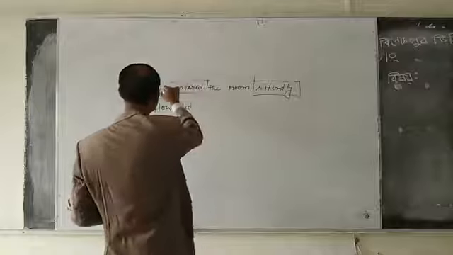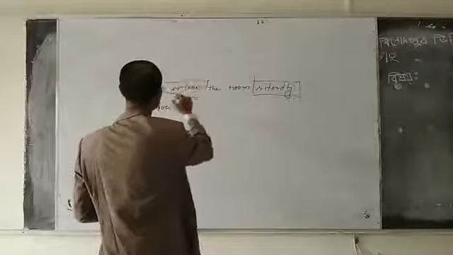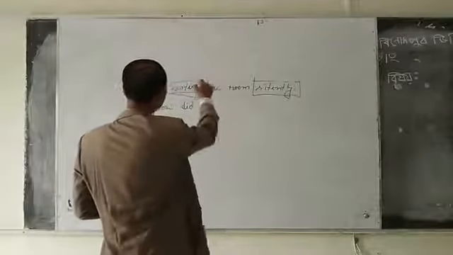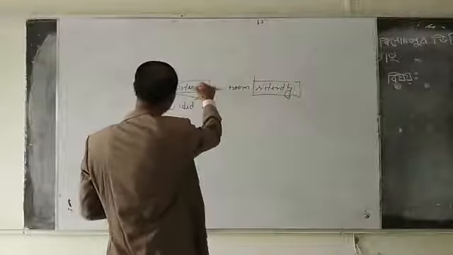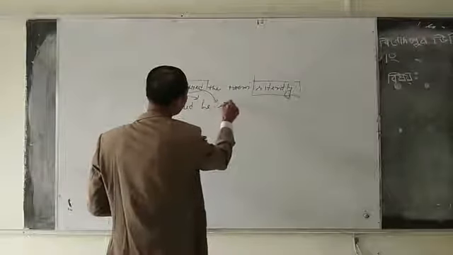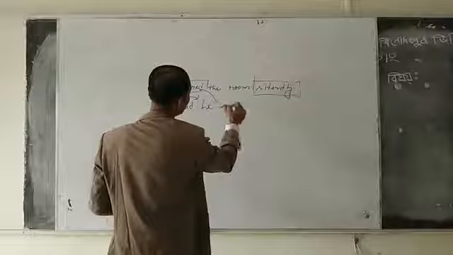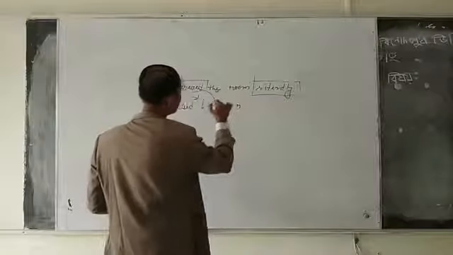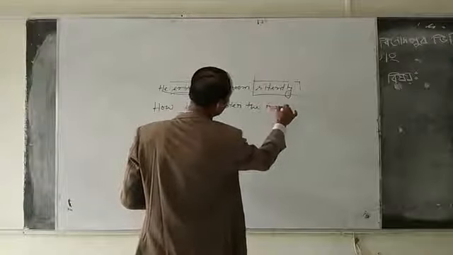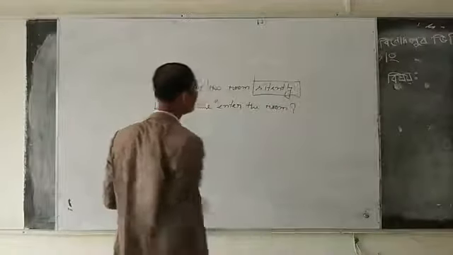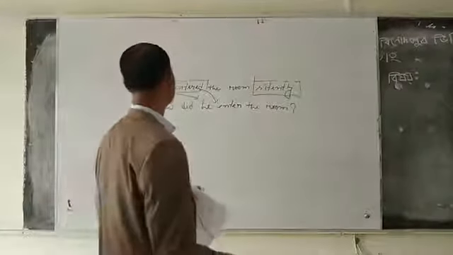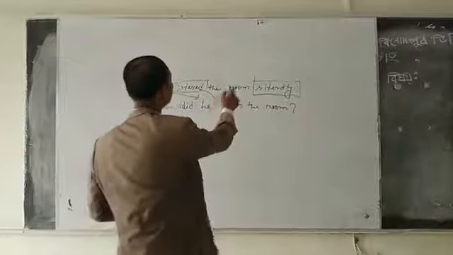Then we will put the subject. How did he? Then I will put the main verb. How did he enter the room? Okay? This is the exact answer. How did he enter the room? The answer is he entered the room silently.